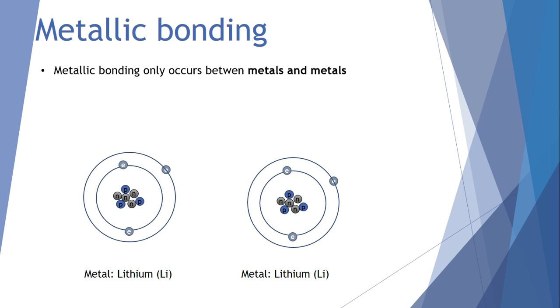On this picture, I have drawn two metals, two Chadwick models of lithium, and we can see that due to the presence of 3 protons in each, remember, 3 protons defines which element we have, and we have 4 neutrons, which symbolizes lithium-4, which is the most common isotope of lithium.